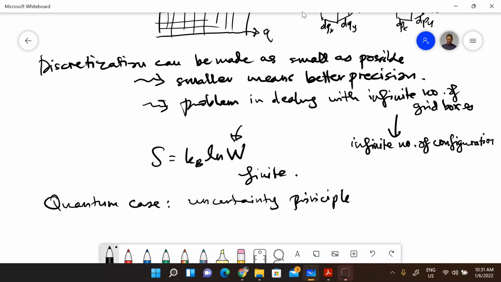If you cannot remember, the uncertainty principle says delta Q, delta P must always be bigger than h bar over 2. So you cannot make the grid of your phase space arbitrarily small. This is essentially a limit of how small the volume of the phase space should be.